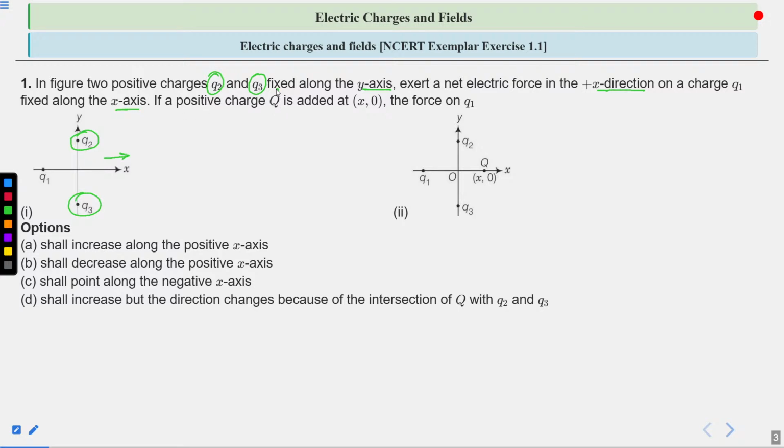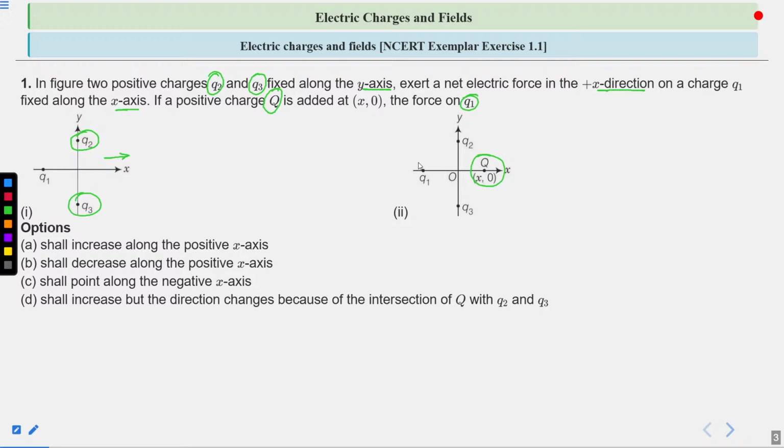If a positive charge capital Q is added at x0, the force on Q1 is what?